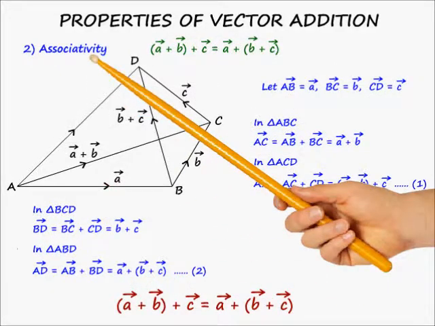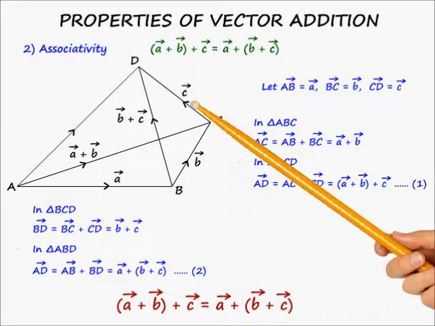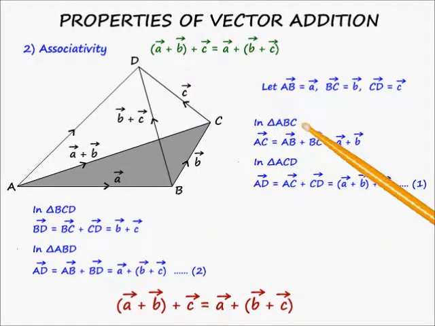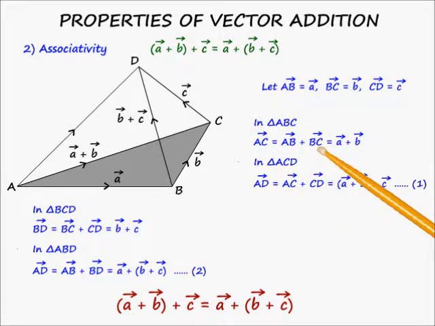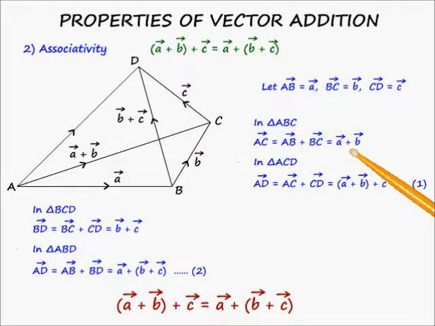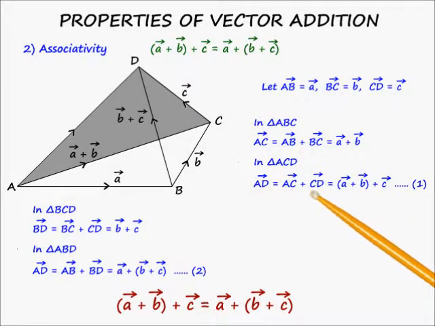Associativity. In this figure, let AB equal to A, BC equal to B, CD equal to C. In triangle ABC, AC equal to AB plus BC, which is equal to A plus B. In triangle ACD, AD equal to AC plus CD.